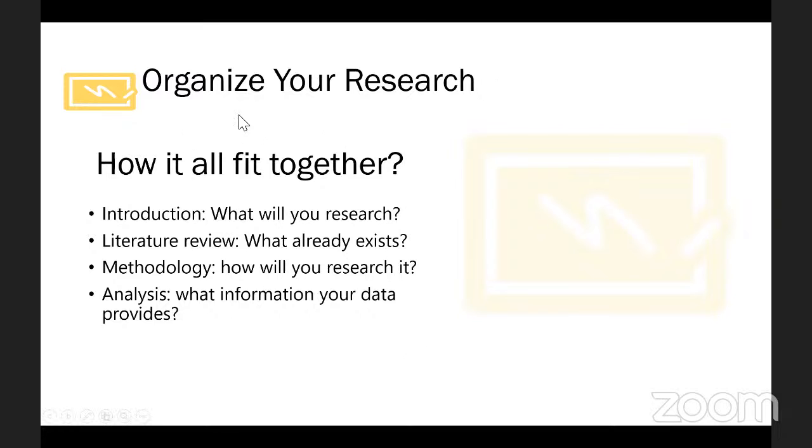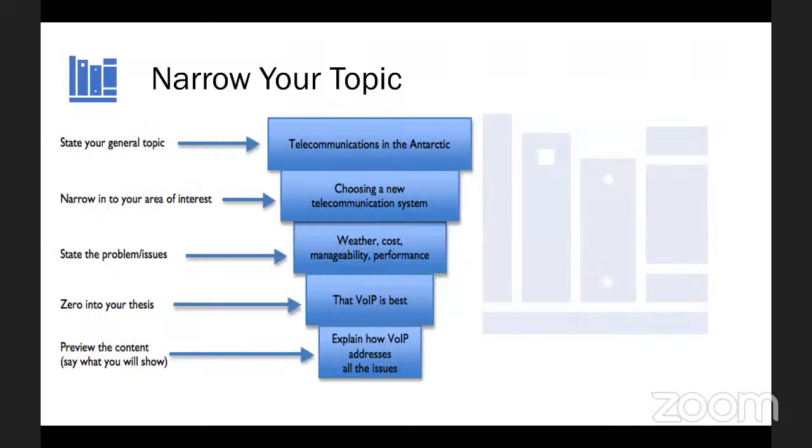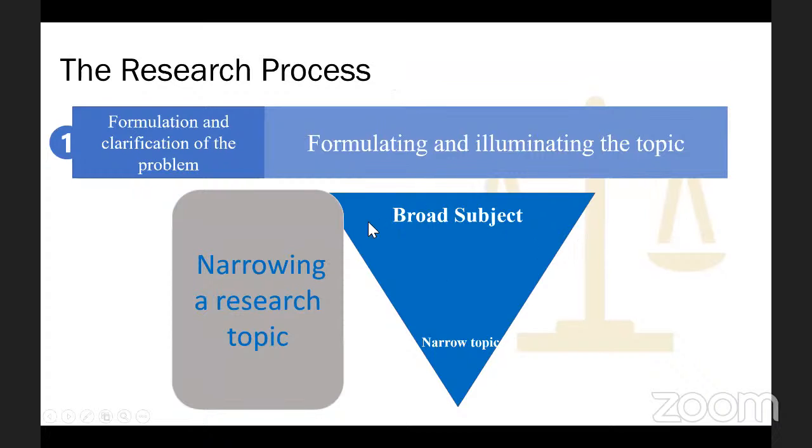So the first one is the introduction. What will you research? The introduction part needs you to write what you will research. This is basically the first step, in which you write from the broad subject to the narrow topic.